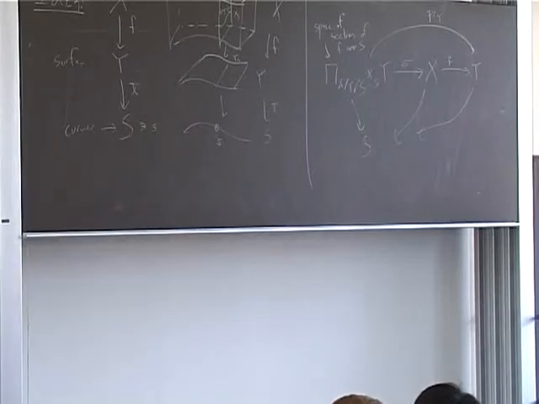So this reduction shows that there exists a rational section of x to y if and only if there exists a rational section of this pi xy over s to s. Again, pi is parametrizing the sections of the fibers.